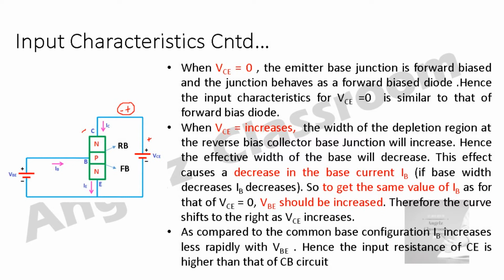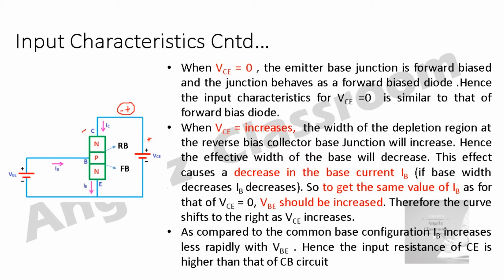So, when I am going to increase the voltage, here in this N type, the electrons are majority carriers that are going to recombine with your positive terminal. So, here the recombination takes place and because of this the effective width of the base will decrease, hence it leads to a decrease in base current.